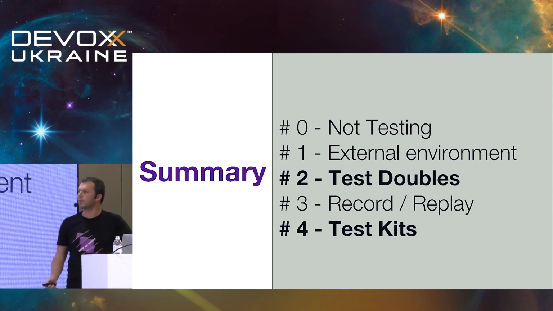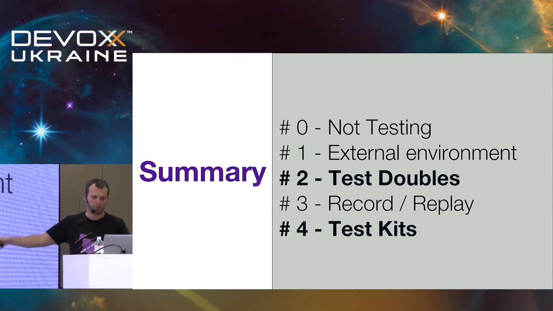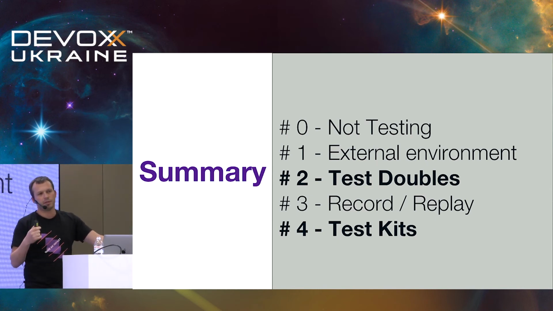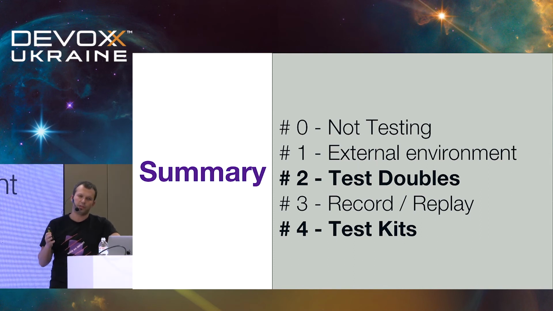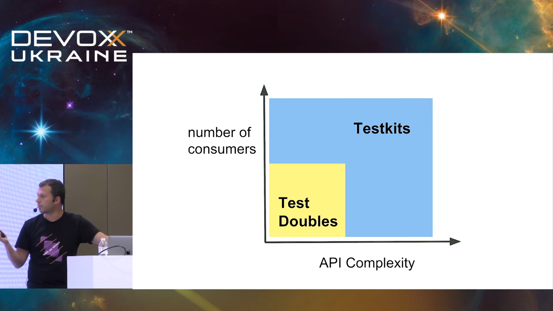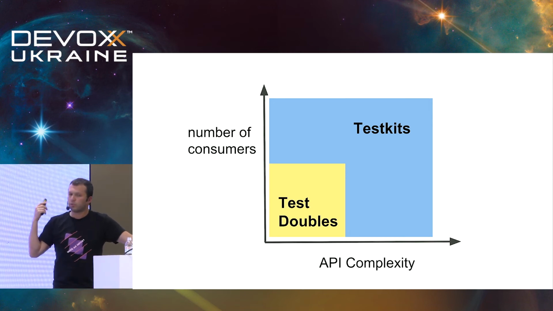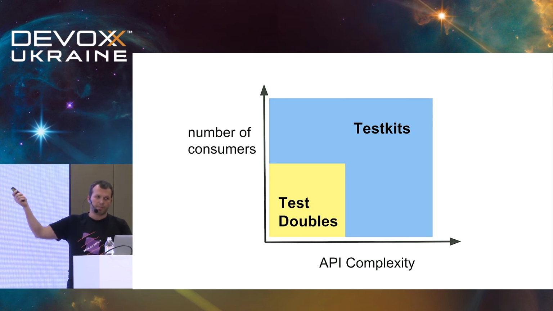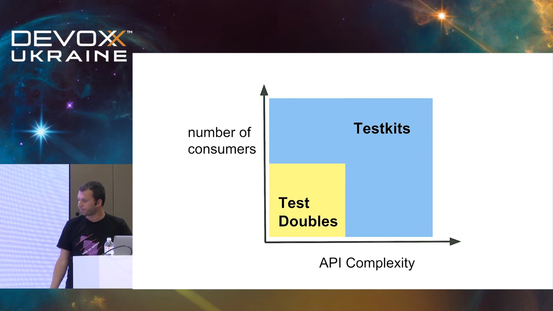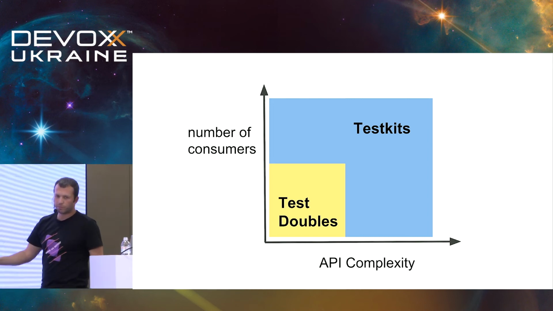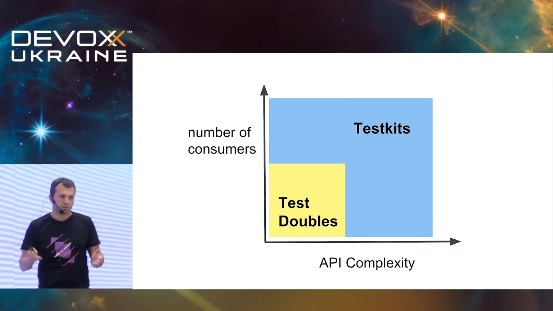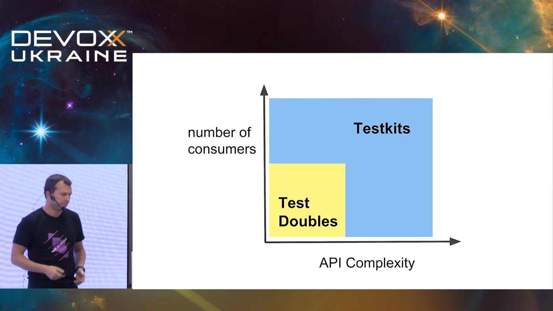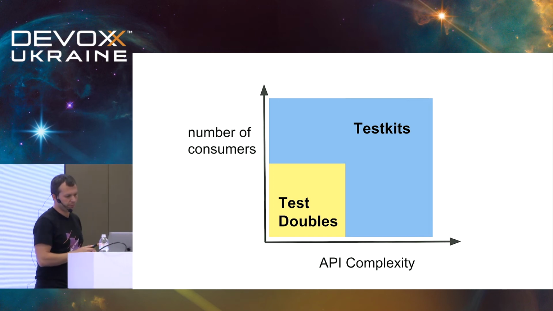And I have this question, what should I use, which one? So it really depends on so many things, but a general rule of thumb is this. Usually I look at the number of consumers and the complexity of the API. So if the complexity is low and there are not many consumers, just do the test doubles, it's easy, it works, it's good enough.